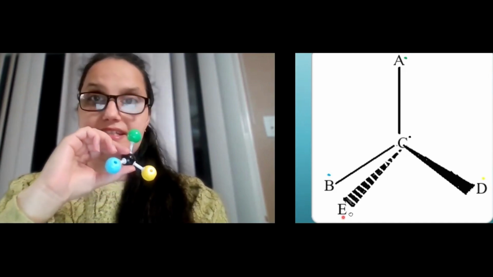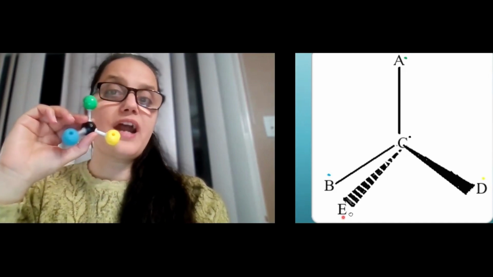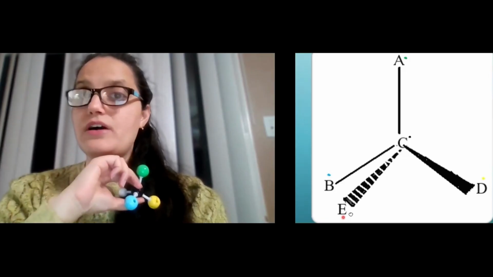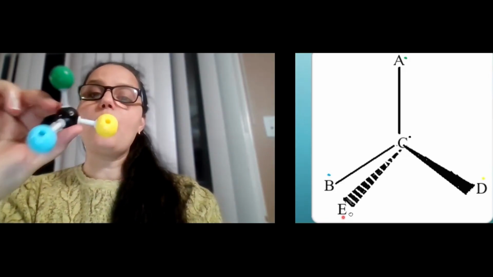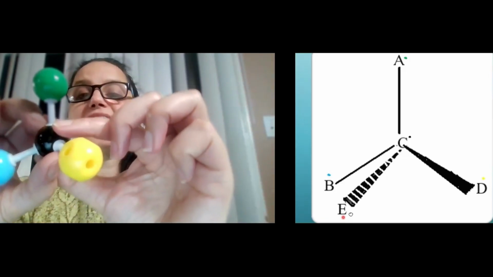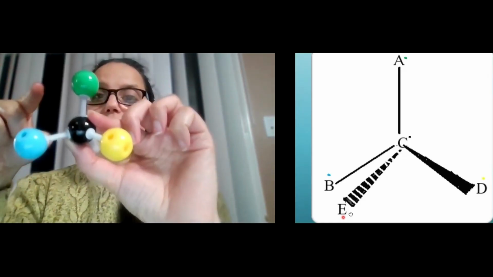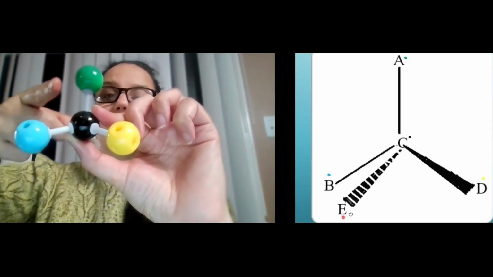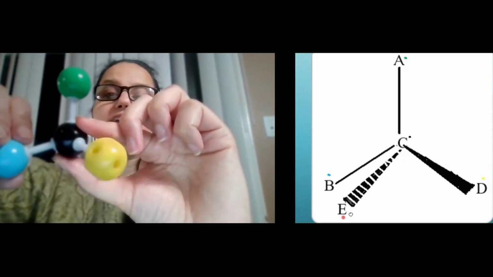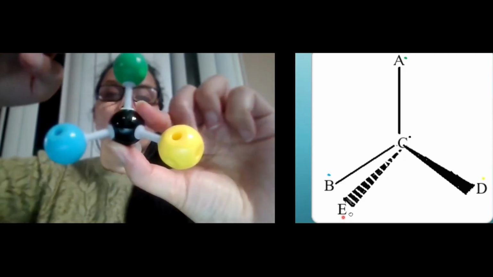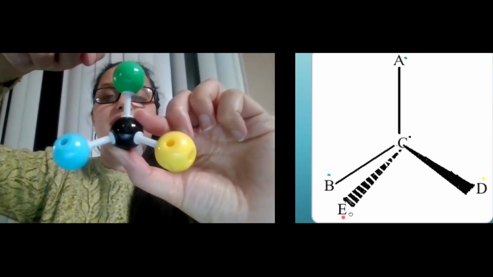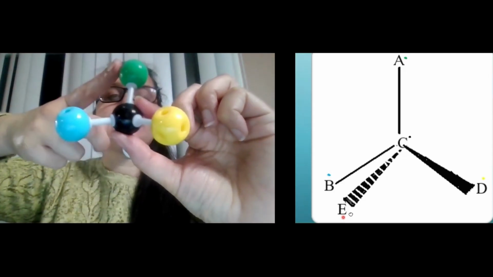Now, what Kekule said is that whenever I want to draw the wedge dash formula for any molecule, I will keep the molecule in such a way that this chiral carbon and 2 of the groups bonded with it, for example over here A and D, should be in the same plane.